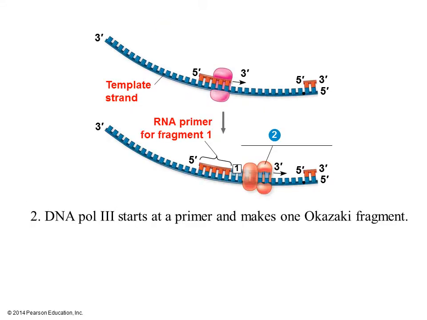DNA polymerase 3 is going to start at the 3' end of the primer and synthesize new nucleotides until it reaches the adjacent primer. Once it reaches that primer, it is going to stop. That is one Okazaki fragment.